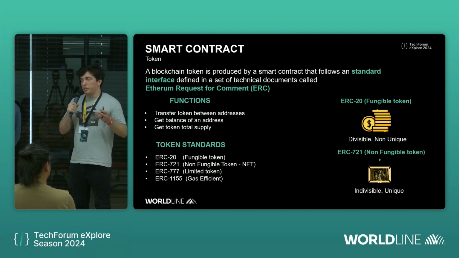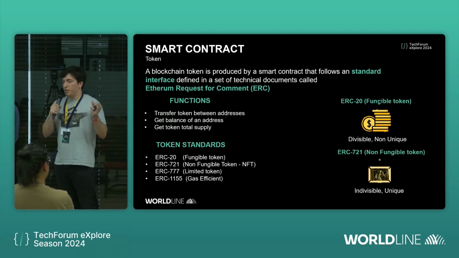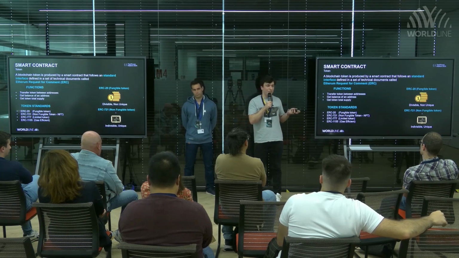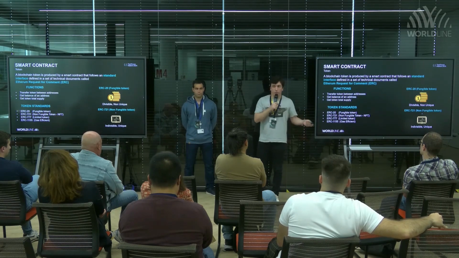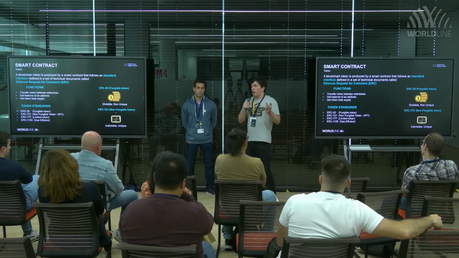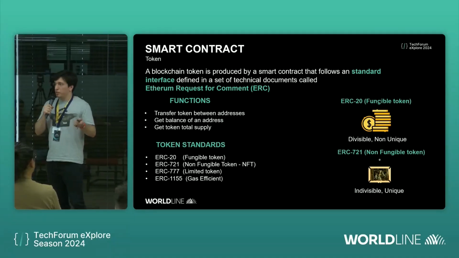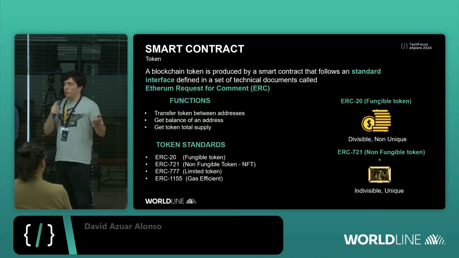And depending on the character of the token that we want to produce, we have different standards, such as the ERC20 for fungible tokens, which are just the currencies, and also the ERC721 for non-fungible tokens, or NFTs.